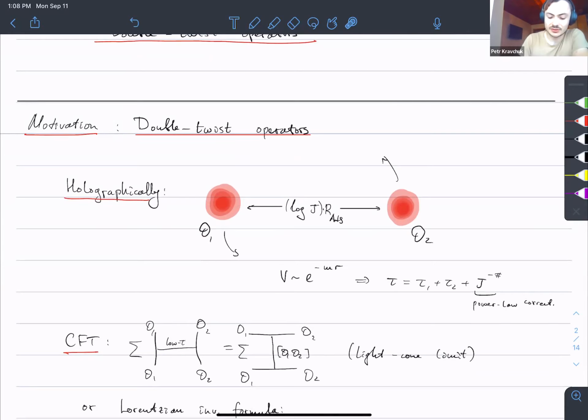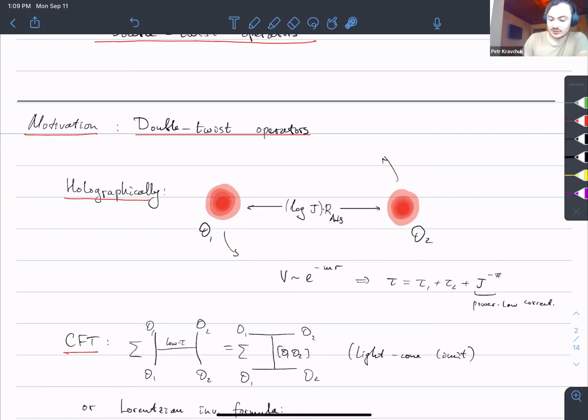You imagine that if you take the operator O1 on its own and look at the corresponding dual state in AdS, it's going to be some kind of excitation, hopefully localized in some region. Maybe this region will be large, of the order of the AdS radius, but it's somewhat localized. And O2 is also going to be some localized excitation. Then you can put them very far apart and make them spin around each other like this.